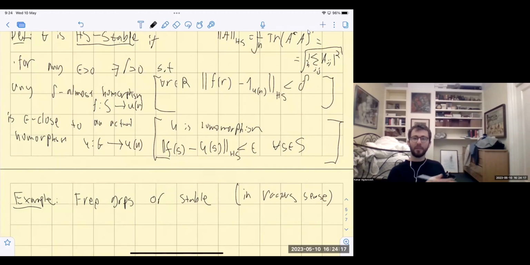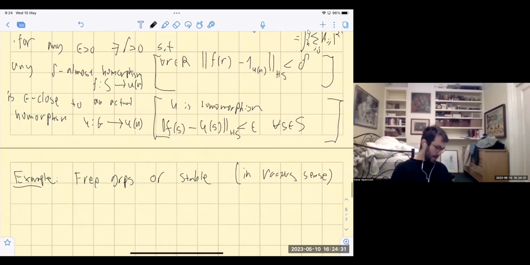Every map from the generators of the free group to U(n) defines a homomorphism. Every almost homomorphism is already a homomorphism. So this is a very boring example. But what about Z^2? Z^2 is also stable.